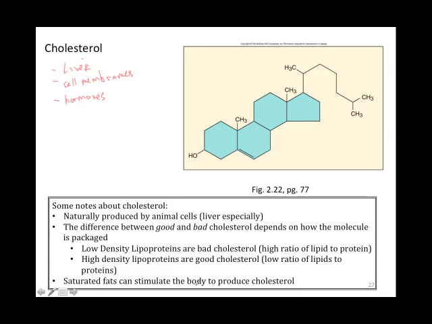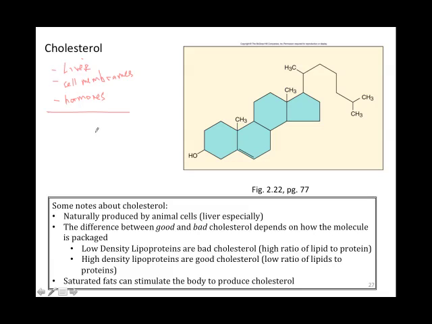Some people have a genetic predisposition to producing a lot of cholesterol, and that can lead to heart disease and atherosclerosis and things of that nature. Again, we'll address cholesterol in more depth when we specifically talk about the plasma membrane, as it does play a role in that as well.